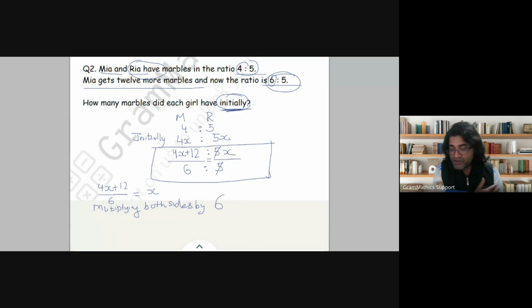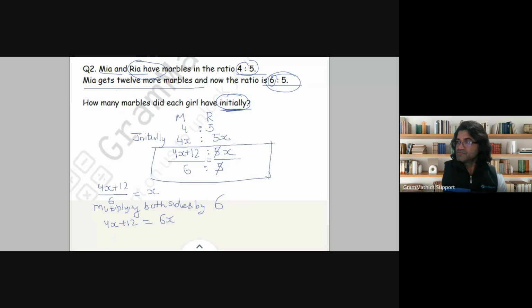I try to get rid of fractions wherever possible, because 6 was dividing. That is why I multiply by 6. When I multiply by 6, this 6 gets cancelled and the only thing remaining on this side will be 4x plus 12. And then 6 will be multiplied by x on this side.